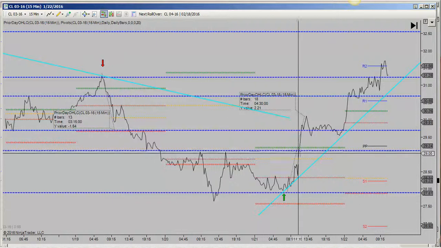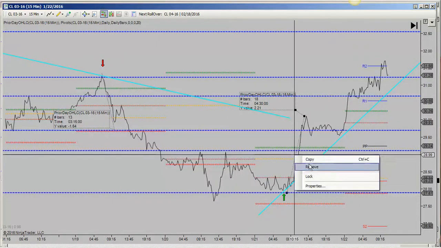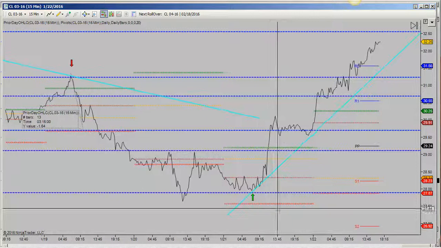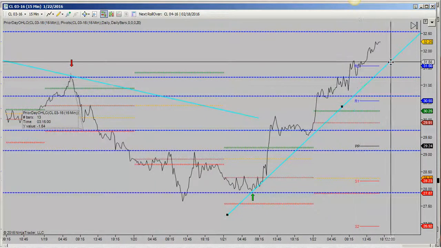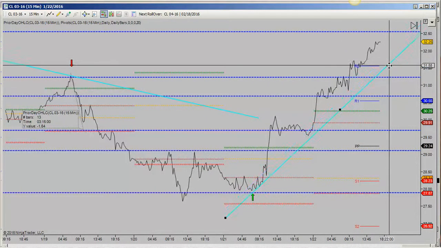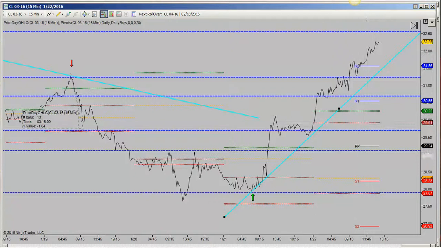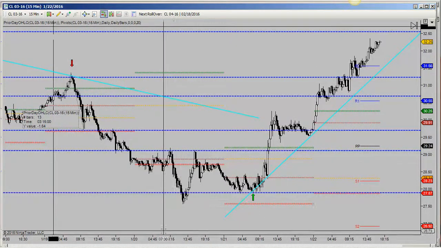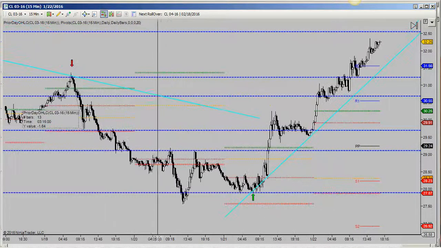Okay, this is our 15-minute chart, and you're looking at the up move that I just showed you. Only I have this on a line chart. I'm going to take this to a candlestick chart. Okay.